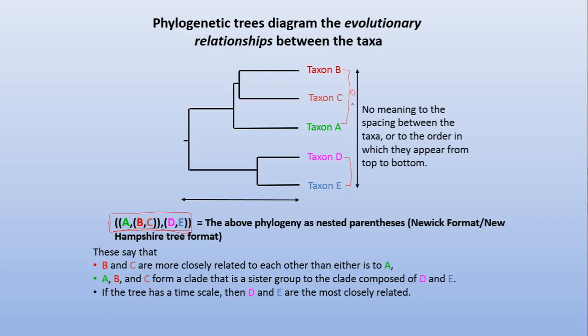This is clade 1, this is clade 2. Now if the tree has a time scale provided, then you can say that taxonomic units D and E are most closely related, and so are B and C. So this is how you are supposed to interpret a phylogenetic tree.